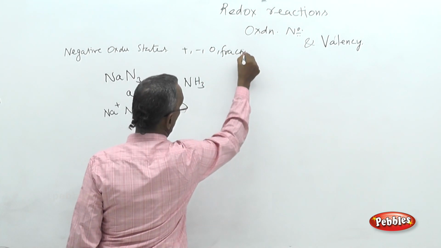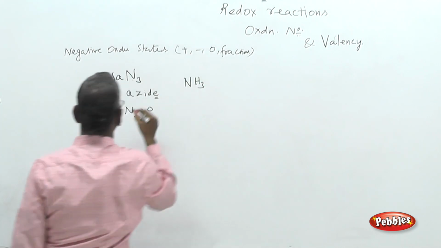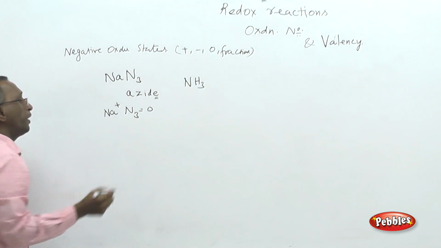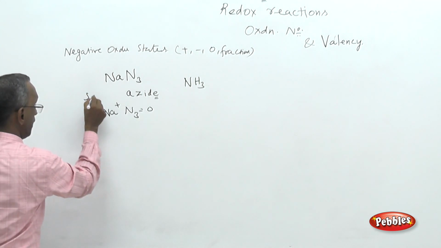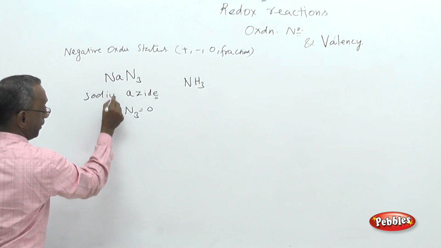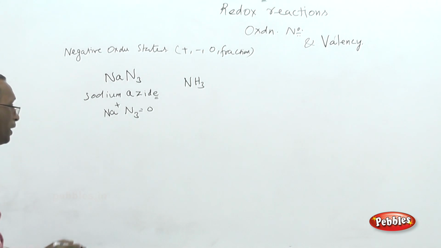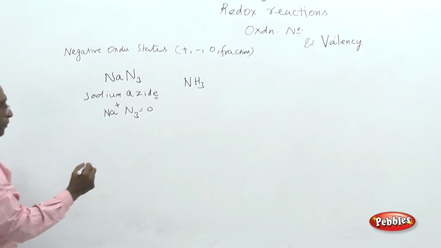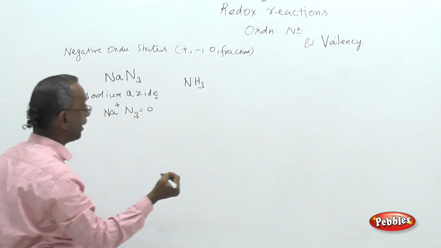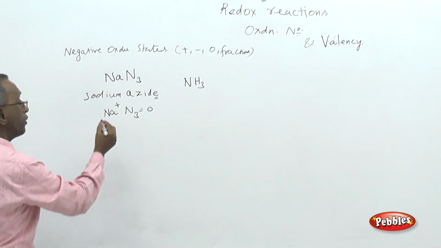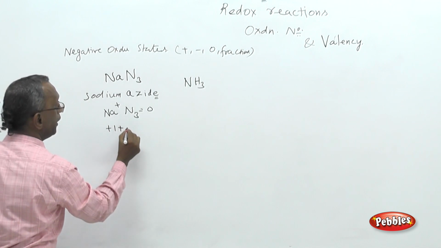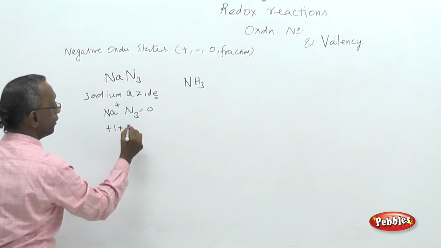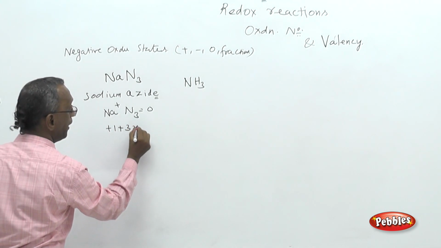Let us calculate the oxidation state of nitrogen in sodium azide, which has the formula NaN3. Sodium loses one electron to form a positive charge, so its oxidation state is +1. There are 3 nitrogen atoms whose oxidation state we have to find; let it be x.